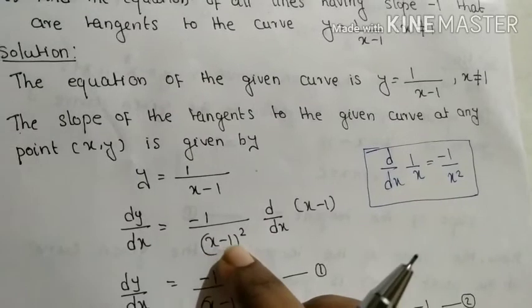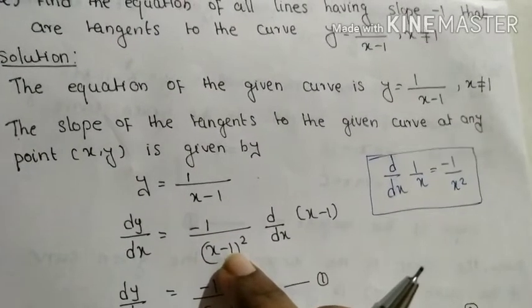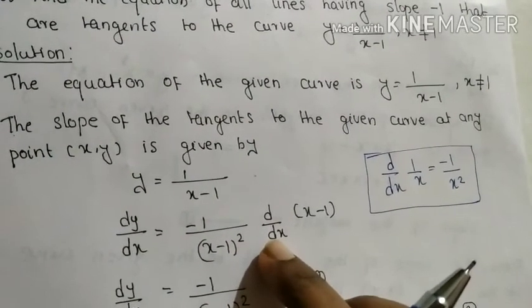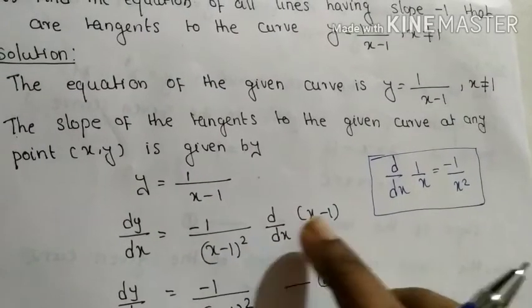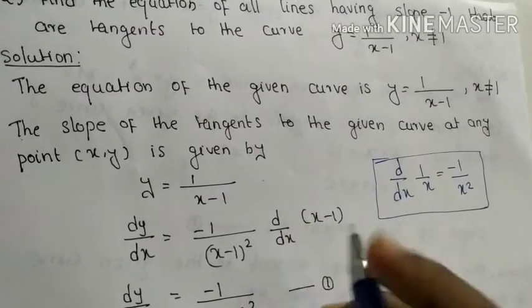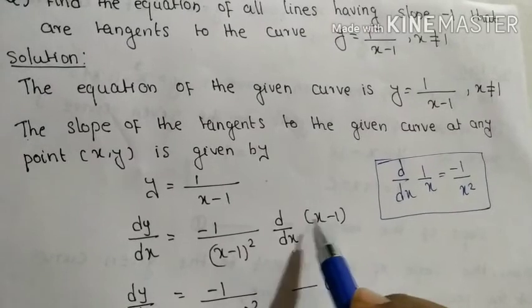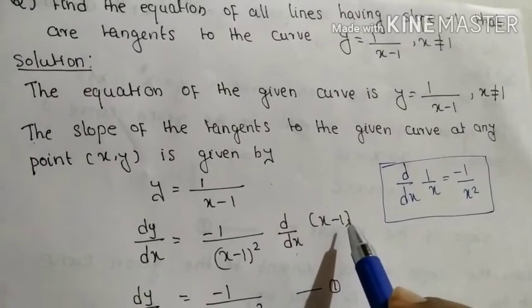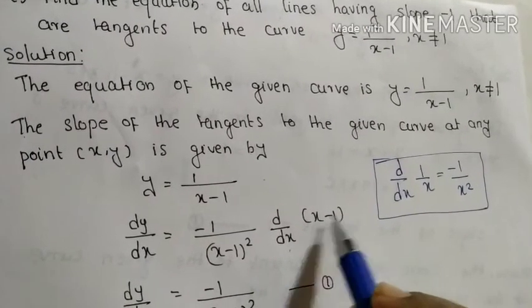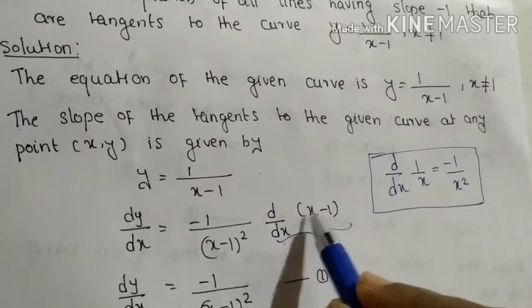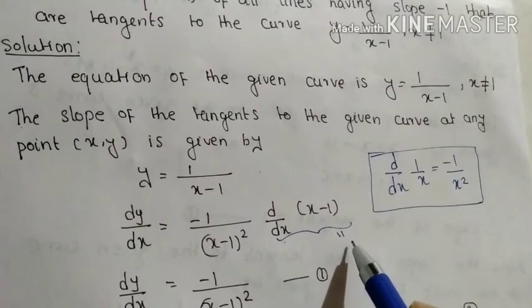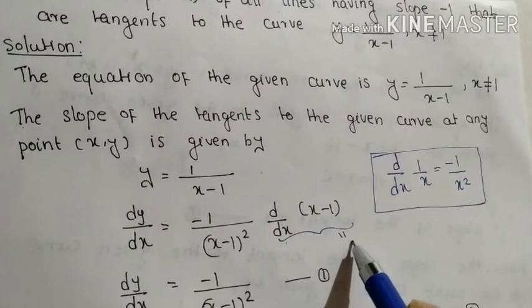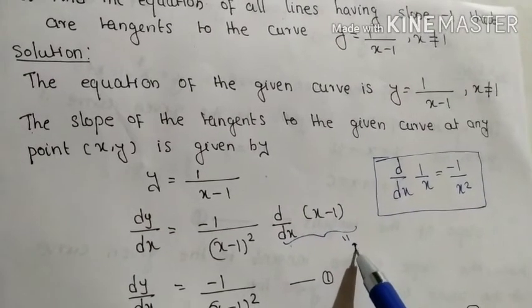Here x minus 1 is another function, so by using the chain rule we need to calculate the derivative of x minus 1 also. The derivative of x is 1 and the derivative of 1 is a constant, so it is 0. The whole derivative of x minus 1 that we will get is 1.